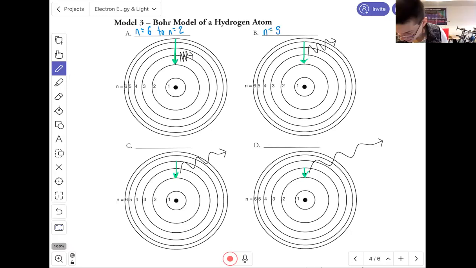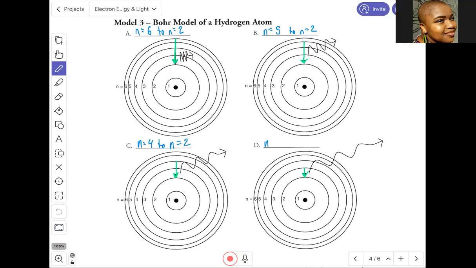N equals 5. And then for C, 4 to 2. And the last one? 3 to 2.